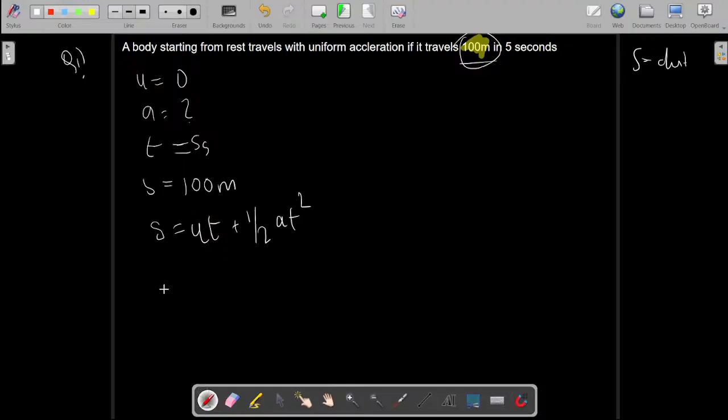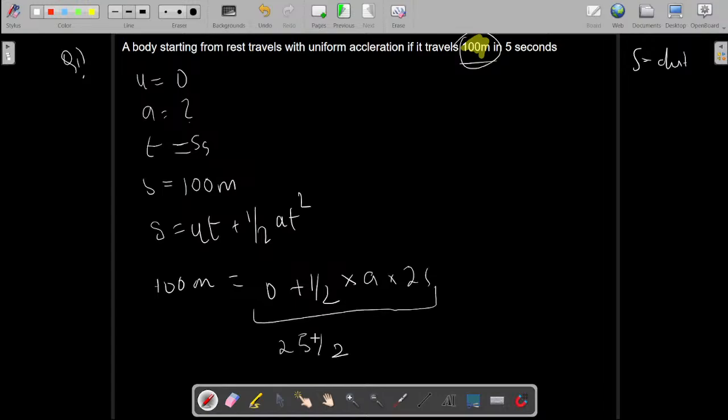Now we know 100 meter equal to S, u is 0, plus half into A, which we don't know, into 25. So we do this side: we get 25A by 2.